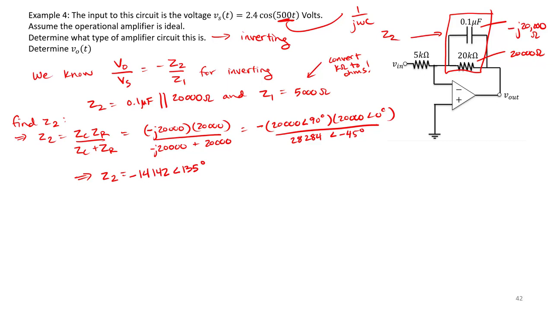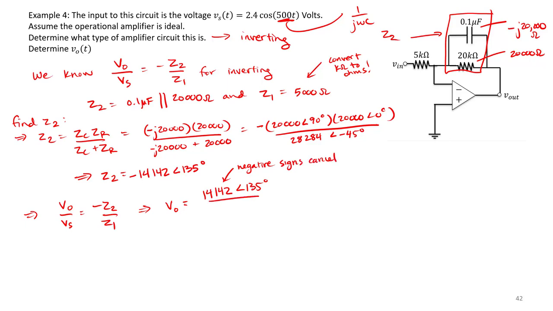All right, so now that we know that, we can just say that V0 over Vs must equal negative Z2 divided by Z1, which means V0 must be equal to negative Z2, which is 14,142. So notice the negative signs cancel. And then Z1 is just 5,000 angle 0 degrees.